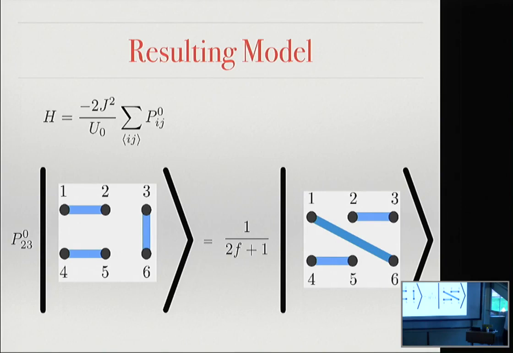By acting with operators like this, I cannot generate any of those other ones, because I just demonstrated that if I act on 2 sites that already form a singlet, I get back what I had before. If I act on 2 sites that don't form a singlet, they form a singlet, and then the other ends form a singlet. You can also just sit down and do the Clebsch-Gordan coefficients. That's how we get the 1 over 2f plus 1.